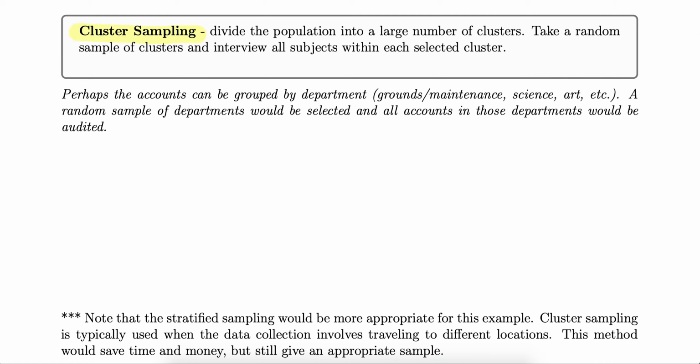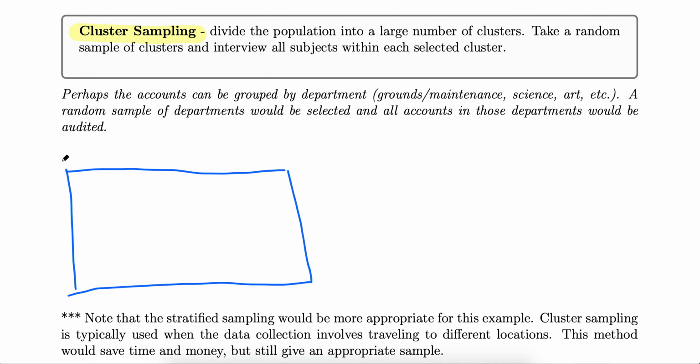So cluster sampling is going to start in much the same way. I'll add the aside here. Cluster sampling is not the best technique for this particular example, but we'll roll with it to illustrate the idea. So I've got my sciences, several different accounts. I've got the arts, several different accounts again.